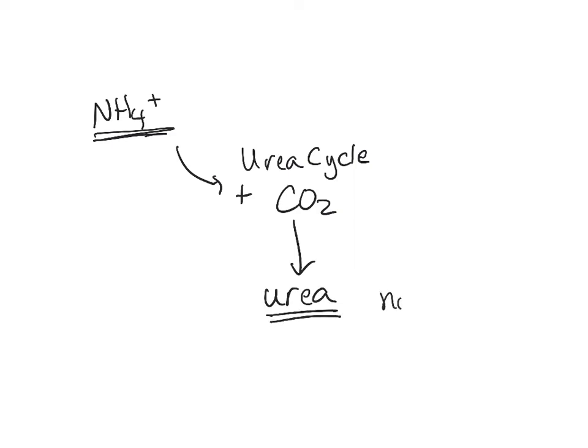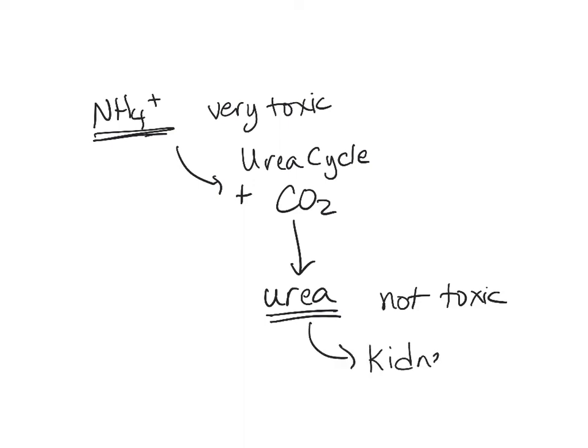Urea is not toxic, whereas ammonium ions were very toxic. So now the kidneys can excrete urea. So those are the three processes that occur with protein catabolism.